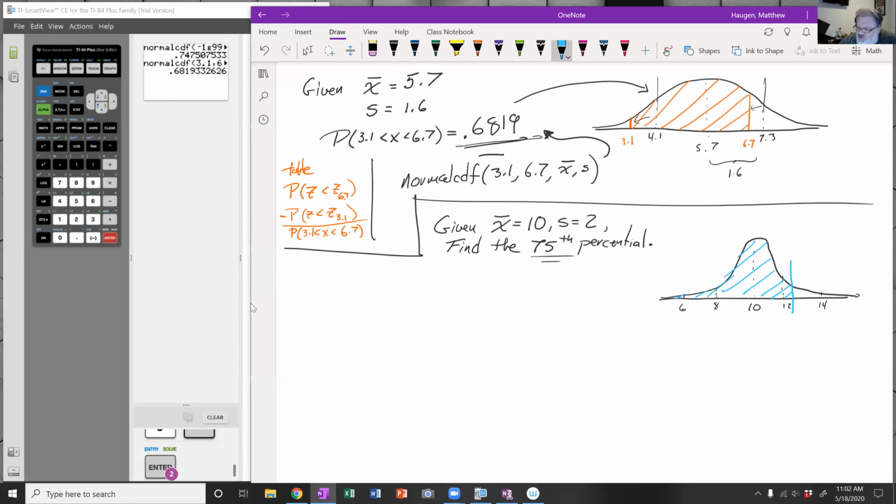So this value here, if the area or proportion below is 0.75, then this location, this X value, is the 75th percentile.